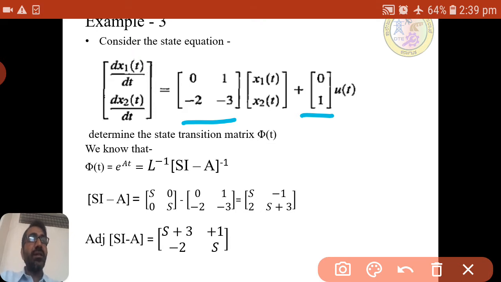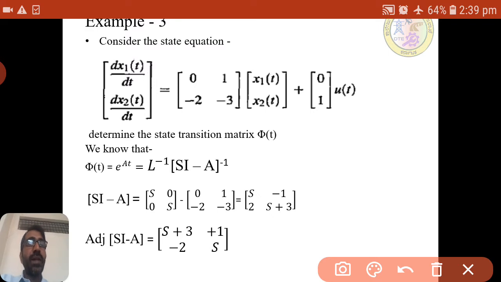So here x of 0 is not there, only A and B are given. This is a second order system, two state variables, with A matrix and B matrix. For this one, how do we develop the STM, that is the state transition matrix?